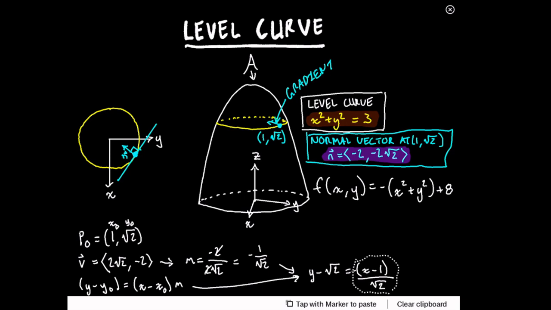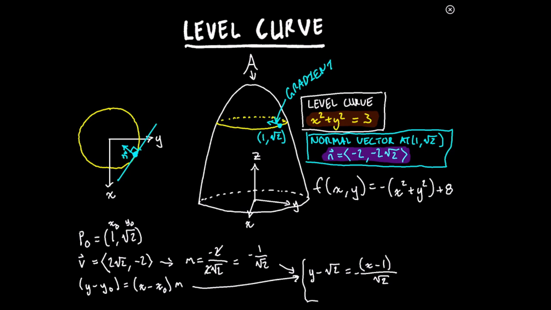And let's make that look a little bit more presentable. And there you have your final tangent line equation. And this is just the tangent line equation for this point specifically.